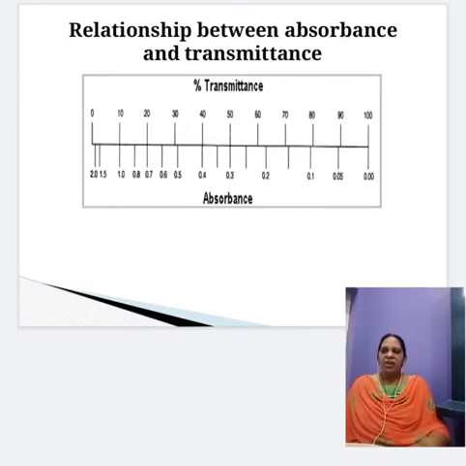When we take transmittance and absorbance, you can observe the absorbance is changing and the percentage of transmittance is also changing. For different values of absorbance, we have different values of transmittance.